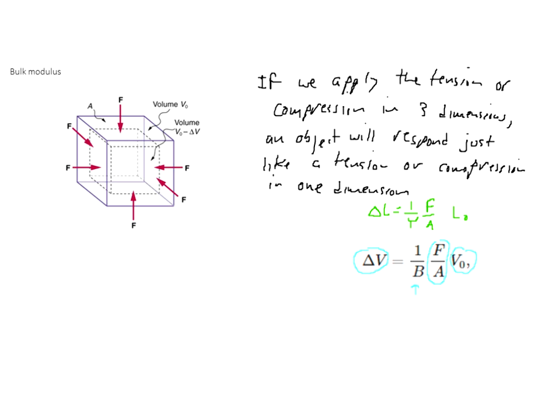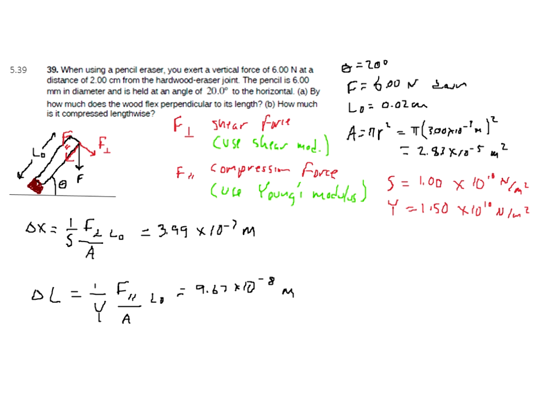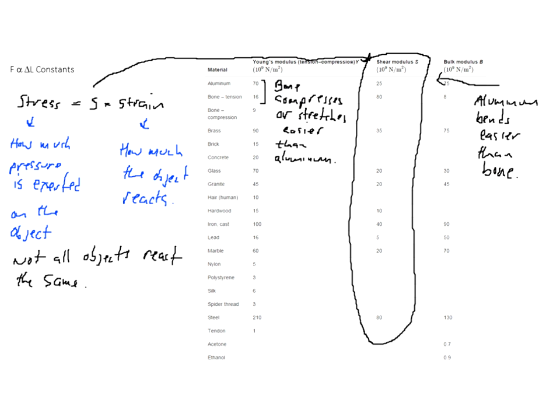Or we're not compressing it, that object is expanding, and it's going to exert pressure on its surroundings based on this constant right here. That constant is called the bulk modulus.